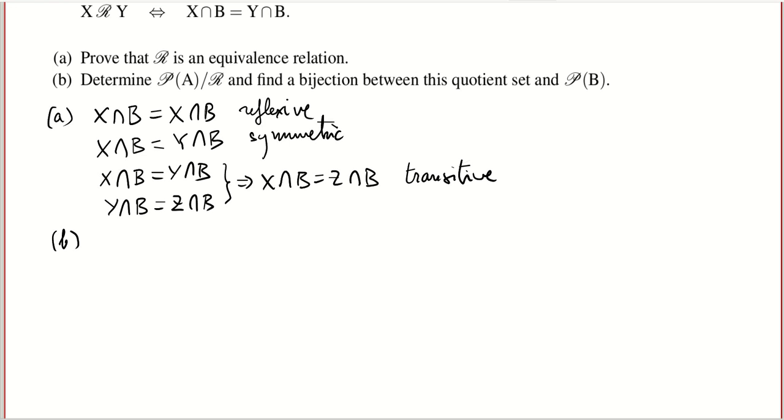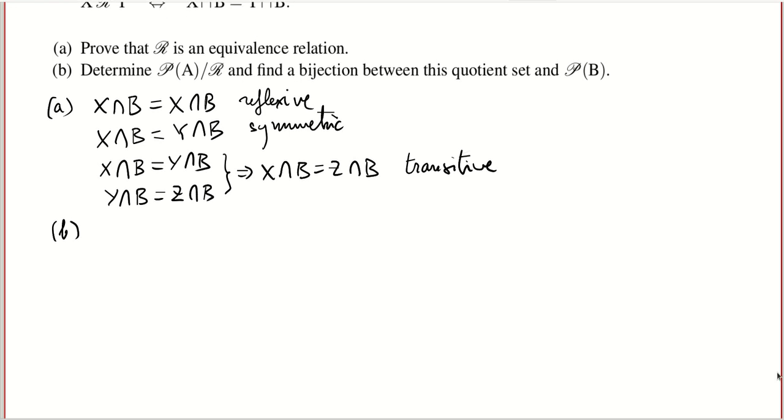So we first need to determine what are the equivalence classes of this set with this relation. In other words, what are the elements of the quotient set? The equivalence classes are all the sets in parts of A, so all the subsets of A, with the property that the intersection with B is a given set C. So all the subsets X having the same intersection belong to the same class because they are all related to each other.